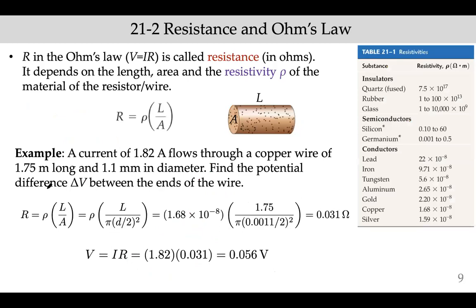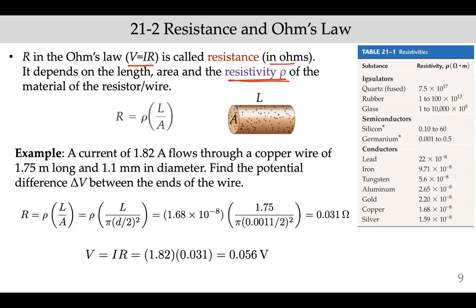Okay, so R in the Ohm's law that we just learned, V equals IR, is called resistance. Its unit is ohms. And it depends on the length, the area, and the resistivity, rho, this Greek letter rho, of the material of the resistor or wire. So this resistivity depends on the material.